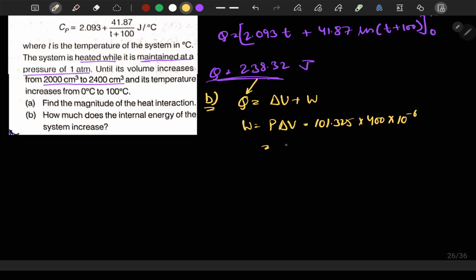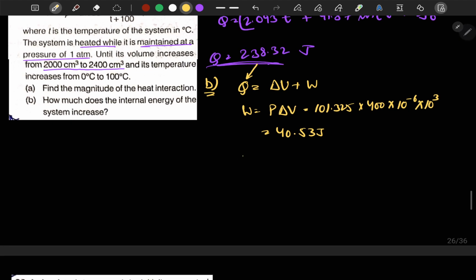Okay, so we get here 40.53, and we can multiply it by 10 power 3 to get the value in joules. So we get 40.53 joules.